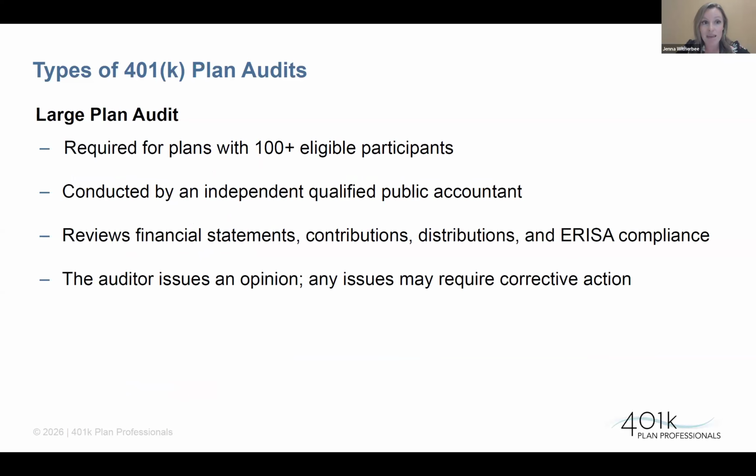Now, your plan may also require an independent audit, a large plan audit. This is for plans with over 100 eligible participants, and this is conducted by an independent qualified public accountant. Some companies use the same company that does their general audit as a tack-on service, or you could completely hire a separate company.